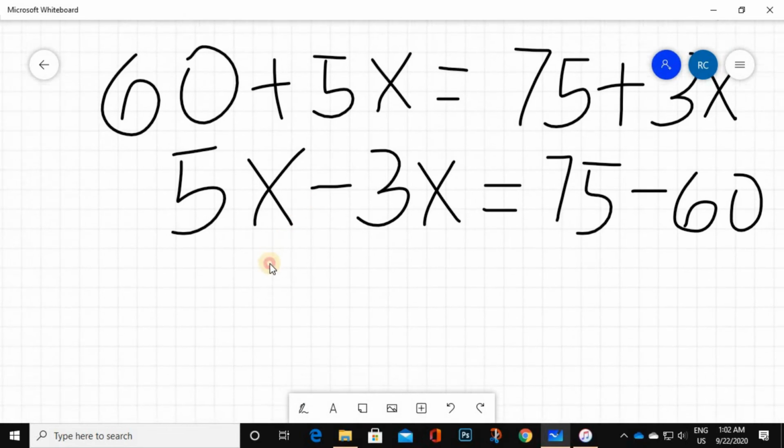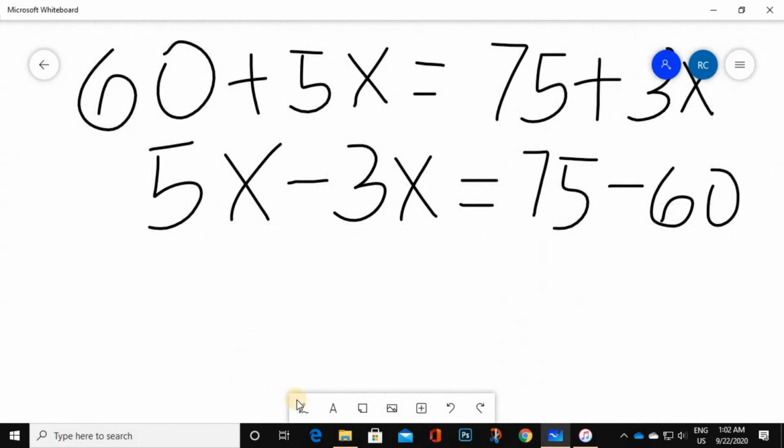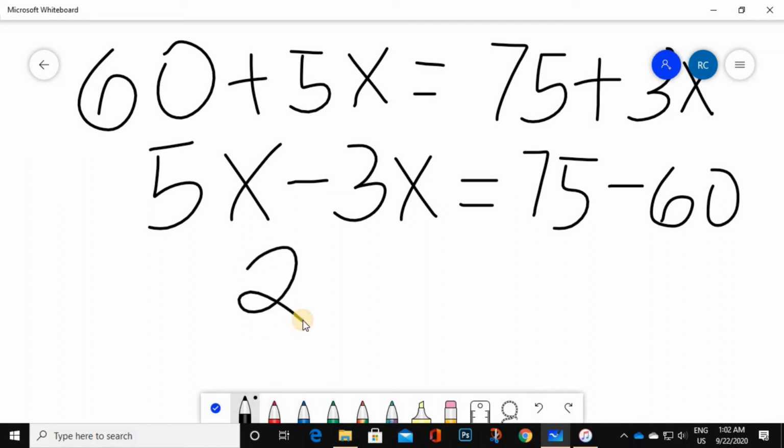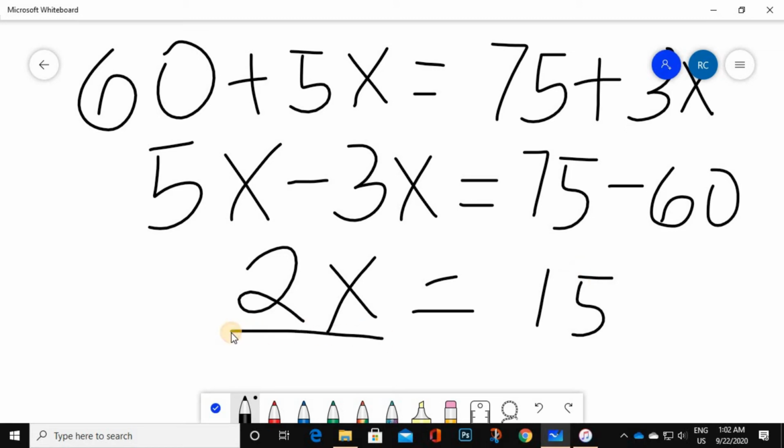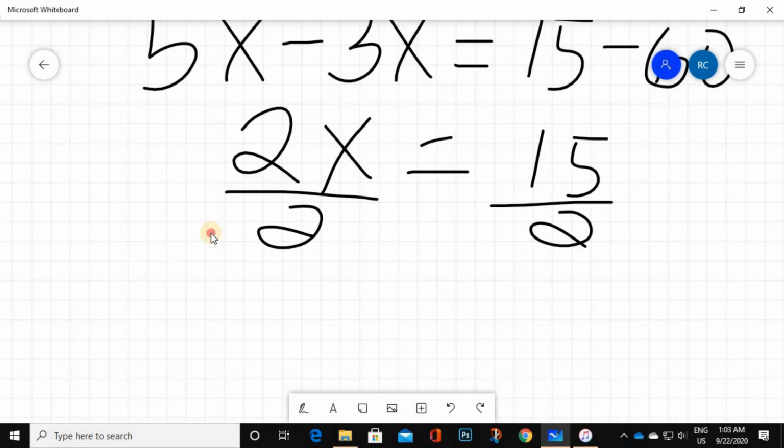Ginagawa mo. 5x minus 3x gives 2x. Tama, 2x. Kabila naman, 75 minus 60 is 15. Correct. Next, all over 2 left and right side para ma-eliminate yung 2 na nasa coefficient ng left side.